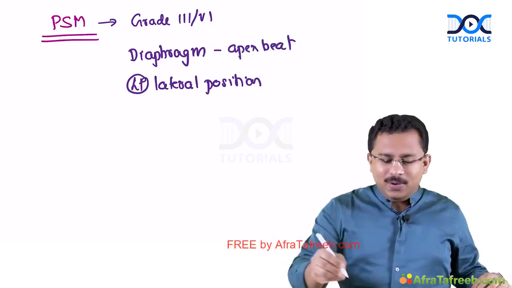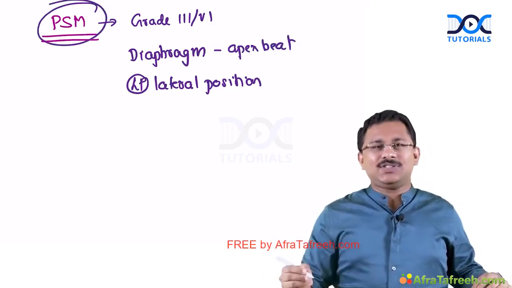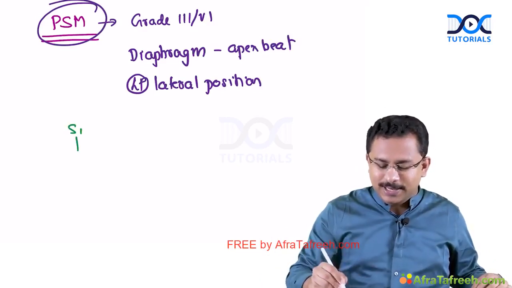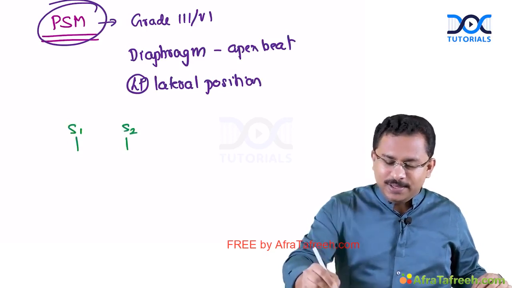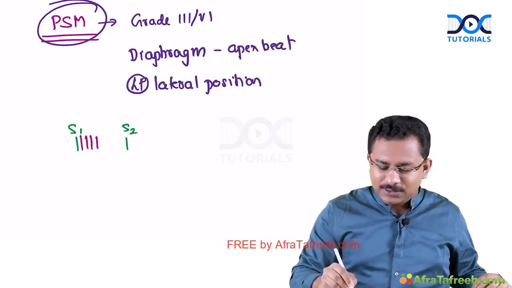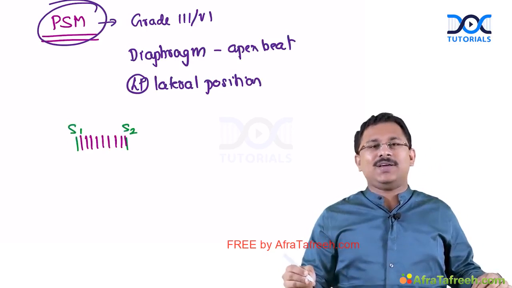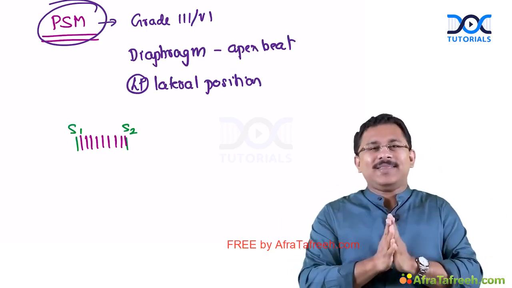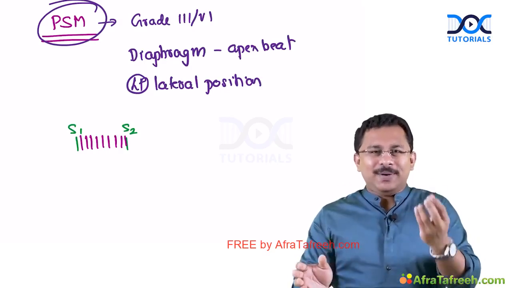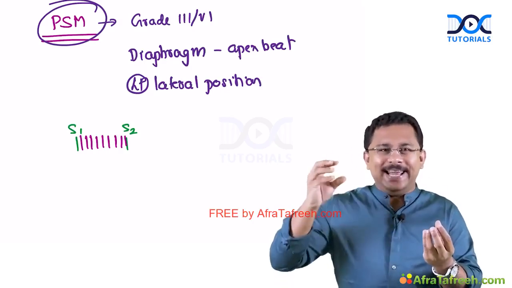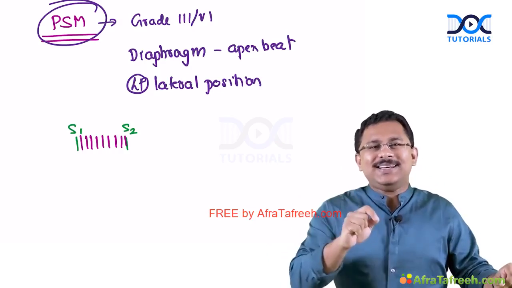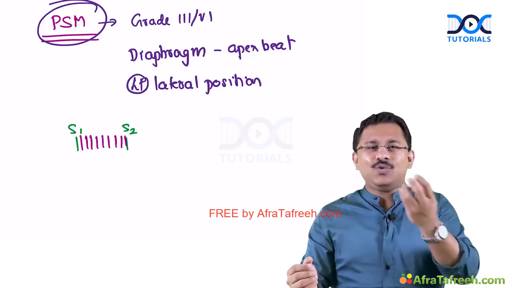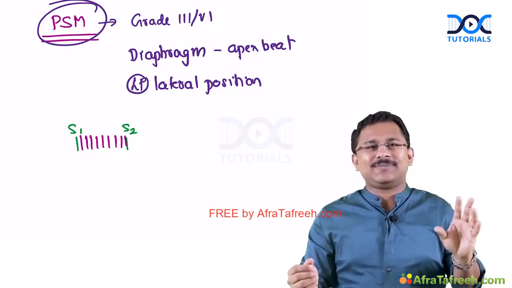Now, why is this murmur pansystolic? Suppose this is S1, this is S2. So you have a pansystolic murmur. Why is it pansystolic? Just after the S1, the left ventricular pressure will exceed the LA pressure. So the regurgitant jet of blood goes from the LV to LA because of the pressure difference.